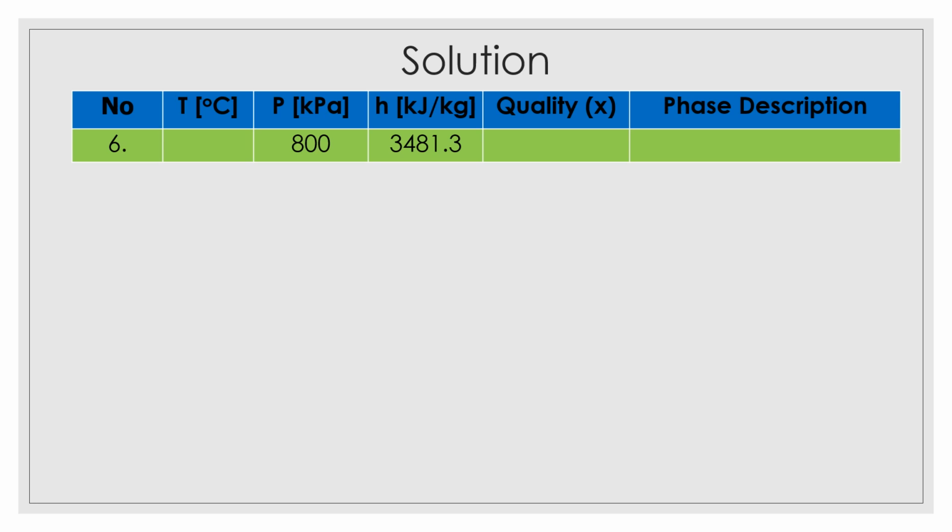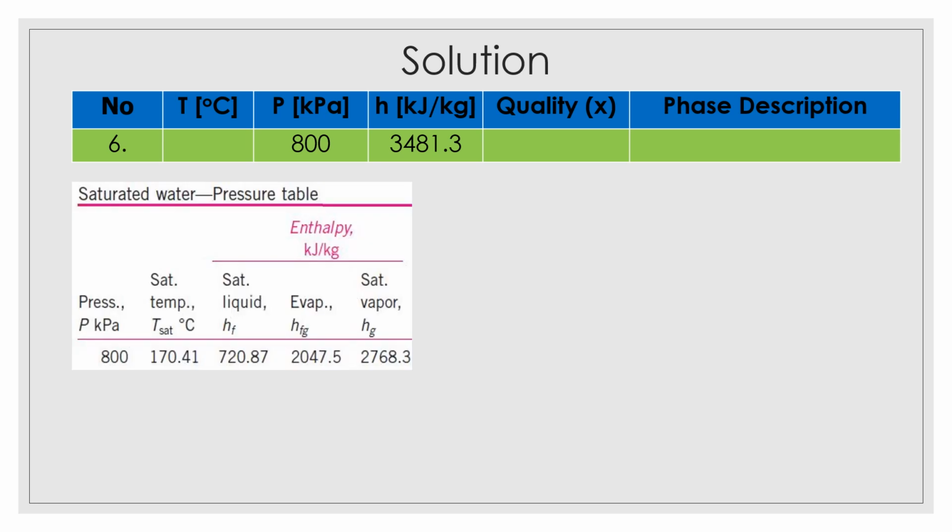This time, the question gives us information related to the pressure and enthalpy, and we need to find the temperature, quality, and phase description. Since the question gives us the pressure information, we need to refer to the pressure table as part of our solution. Go to the pressure 800 kilopascal, and check the H values for 800 kilopascal, 768.3 and 2769.1.